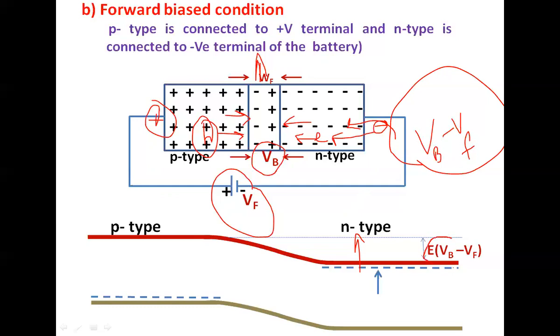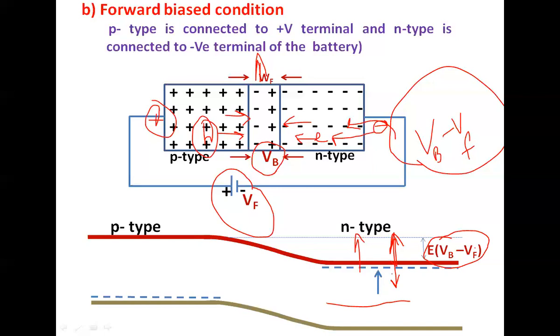Initially, the position of the Fermi level in n-type in the p-n junction unbiased condition was here, and we have seen this difference is e times VB. Now, because the resultant potential is decreased, this width is going to decrease, so the position will come up.